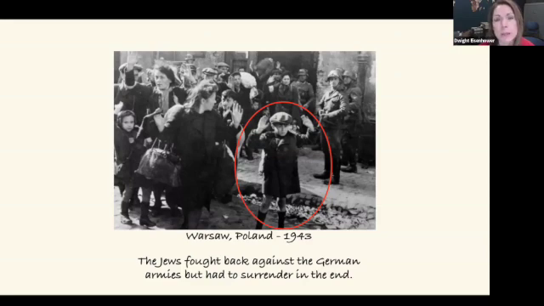Innocenti deliberately used the detail of the surrendering Jewish boy in his story. In 1942, the Nazis implemented something called the Final Solution. In that, Jews living in the ghettos were transported to extermination camps to be killed, which was why they were protesting.